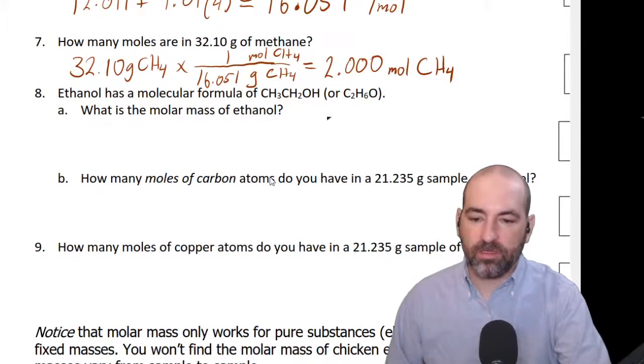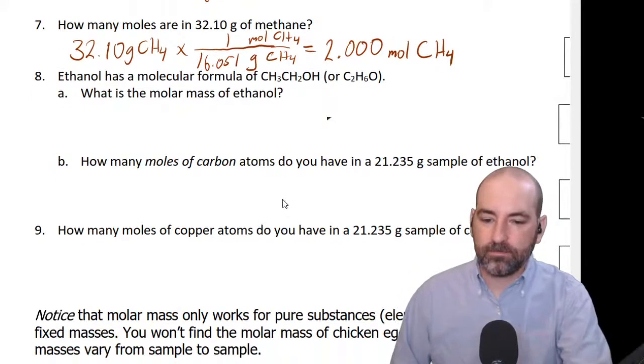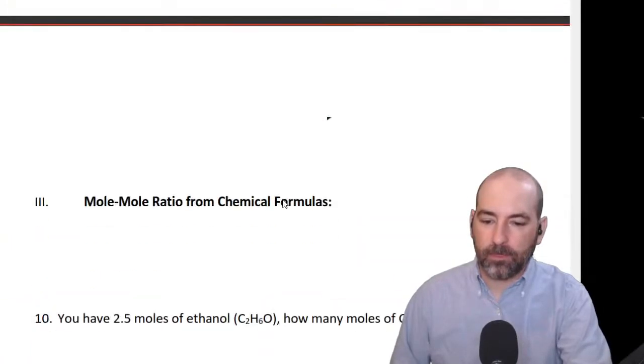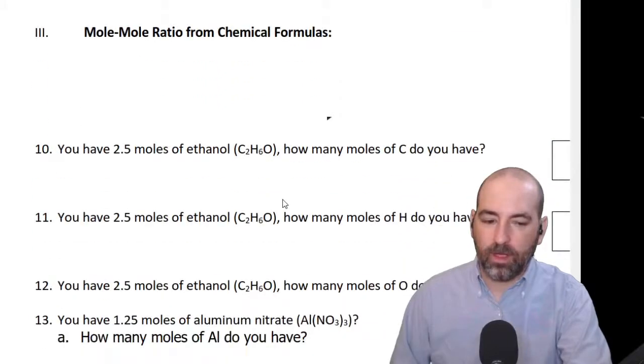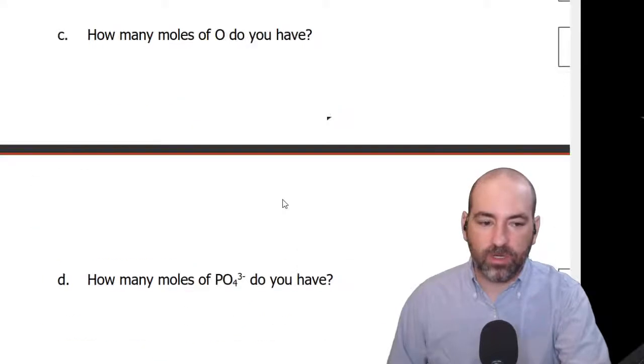All right, so you can try these other ones that then ask you about some atoms. And the last thing we're going to talk about this morning is mole-to-mole ratio.